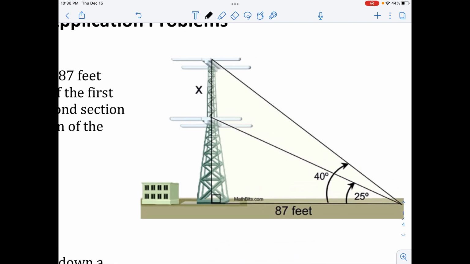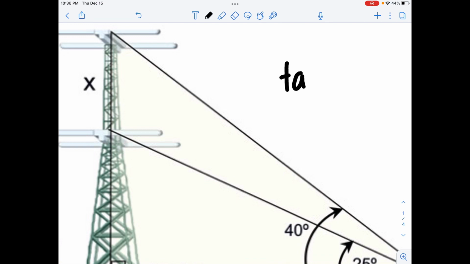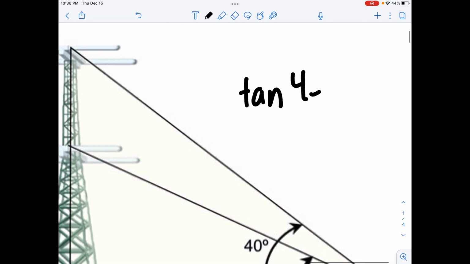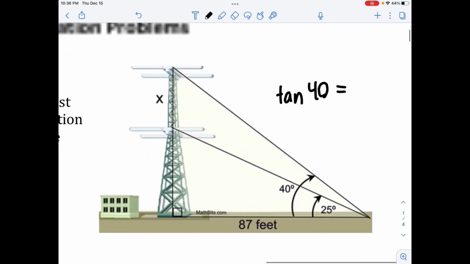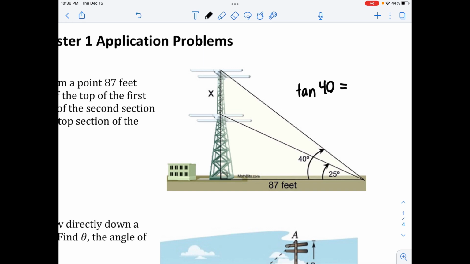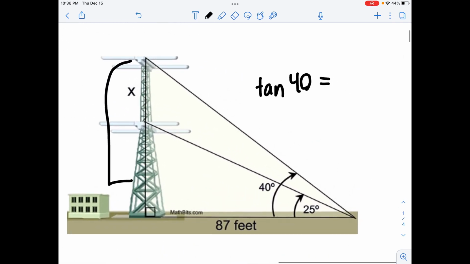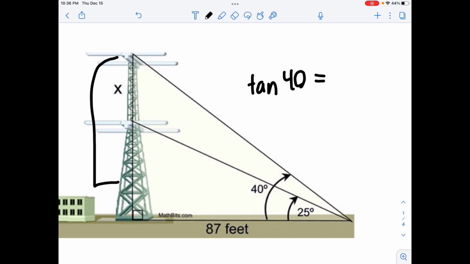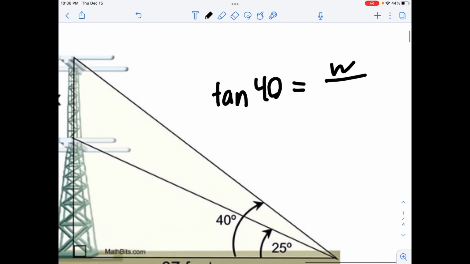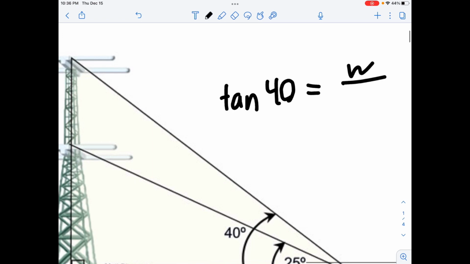So we're going to go tan 40 equals opposite over adjacent. So it's going to be this whole thing rather than just x, so we'll call it W. So tan 40 equals W over 87.